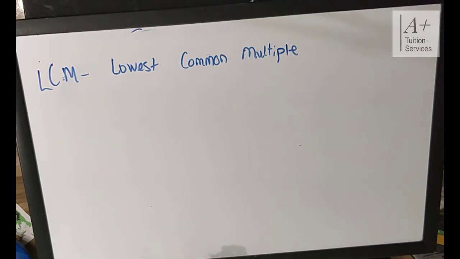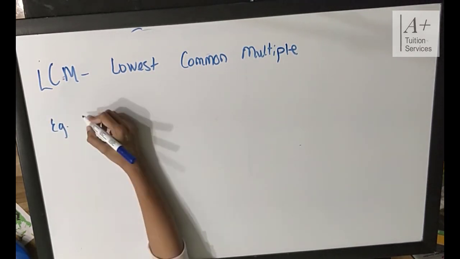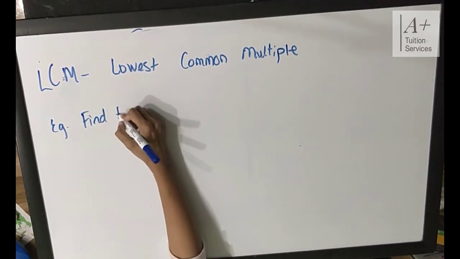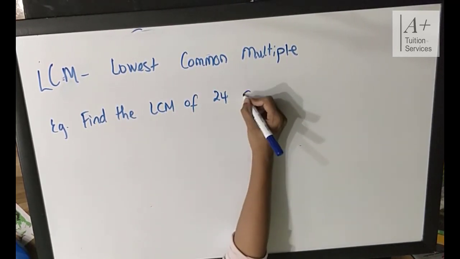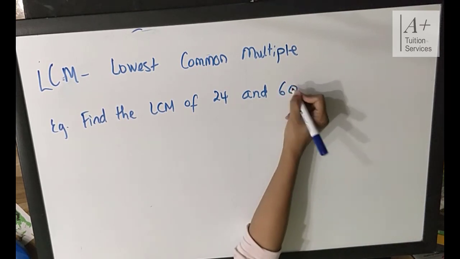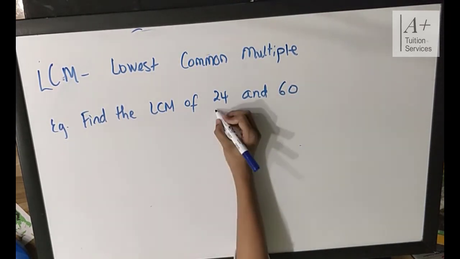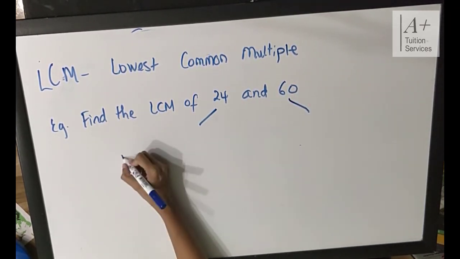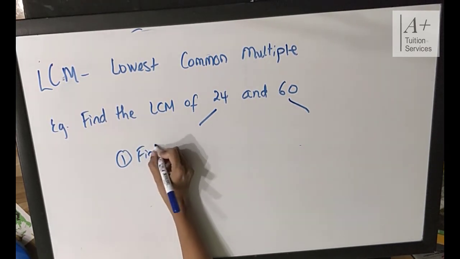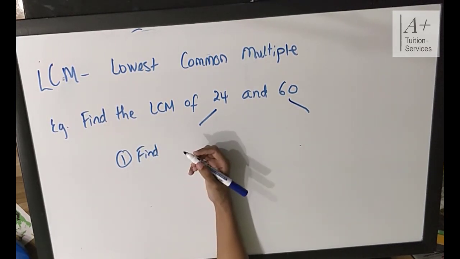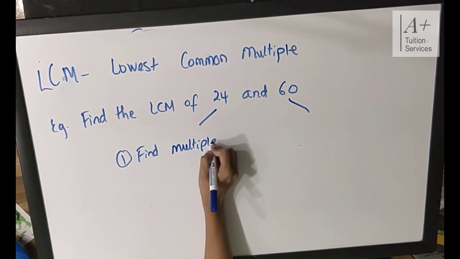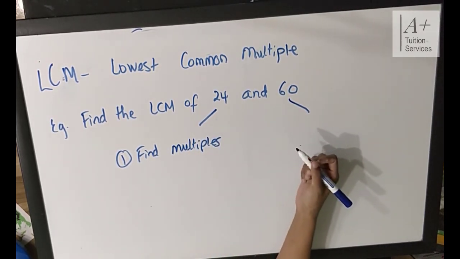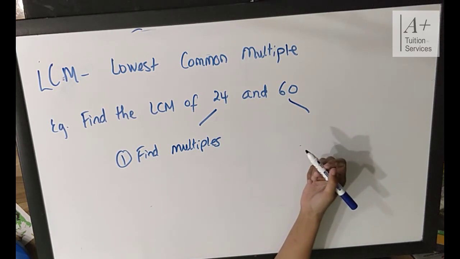For example, find the LCM of 24 and 60. This is easy. The first thing we do is find multiples. Multiples are basically the numbers we get when we multiply a number.